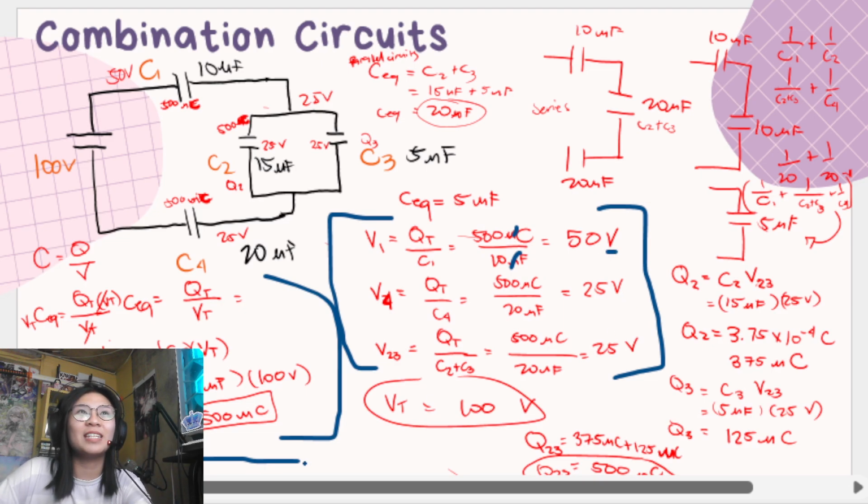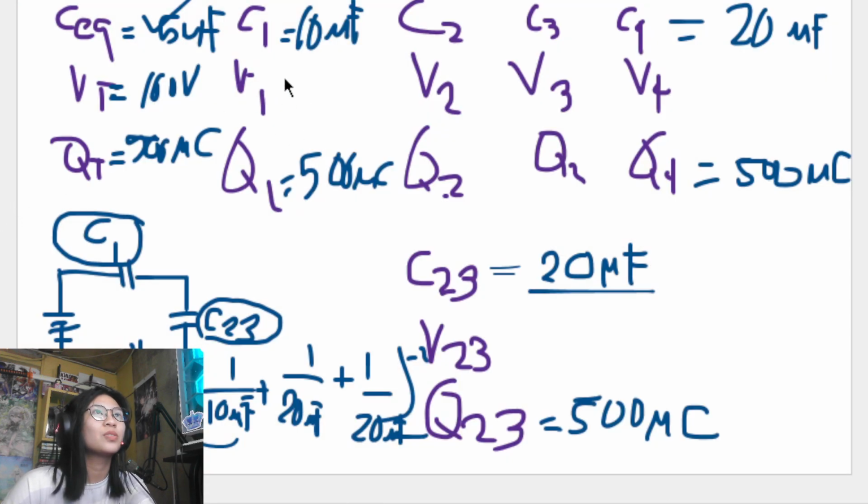So you don't have to multiply 500 times 10 raised to negative 6 or 10 times 10 raised to negative 6, because the micros already cancel. In this case, it is just 500 divided by 10. So that is 50 volts. Okay? So V1 is 50 volts. Sorry if it's so messy, but you can understand it.